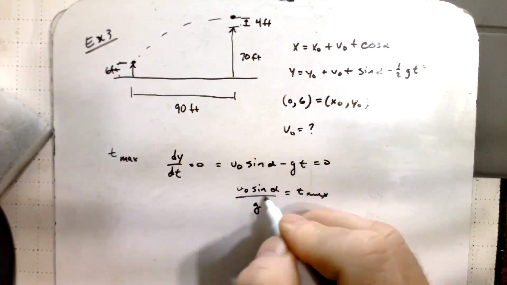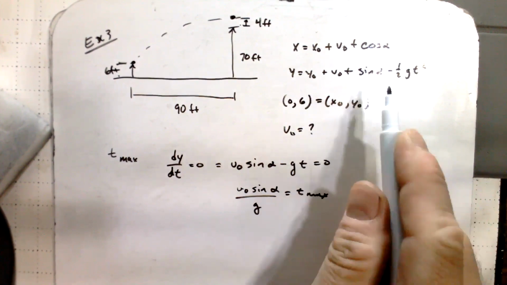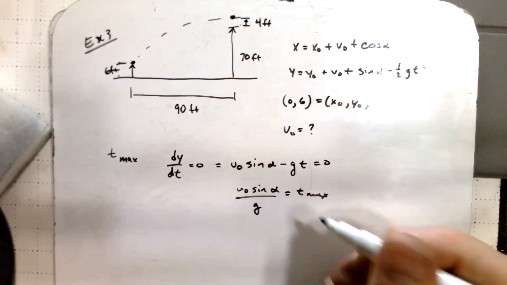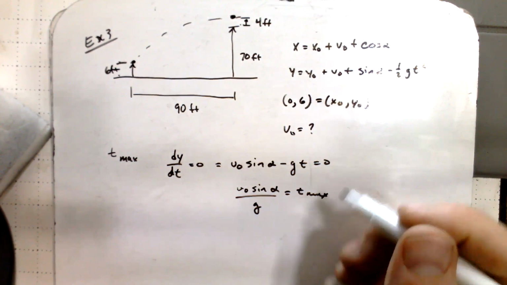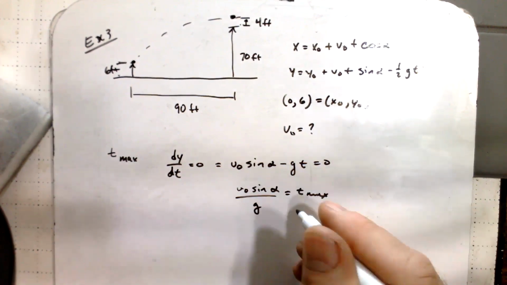Taking the derivative gives this value. I was having trouble rectifying why there's a half and a 2 in one version and not in this one, but anyways, that is interesting. So that's T max, the time for the maximum height.